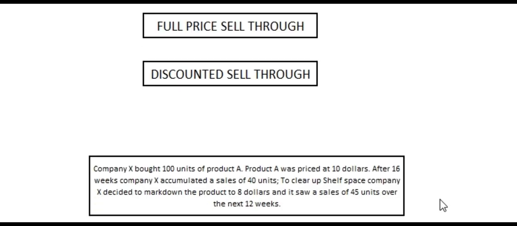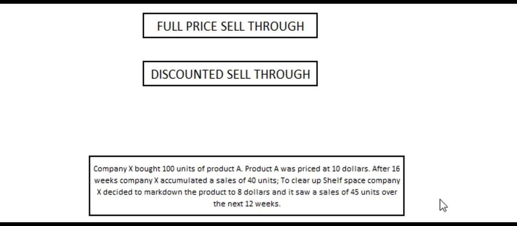Let's try and understand these two concepts through an example. Let's assume there's a company X that bought 100 units of product A. Product A was initially priced at $10.